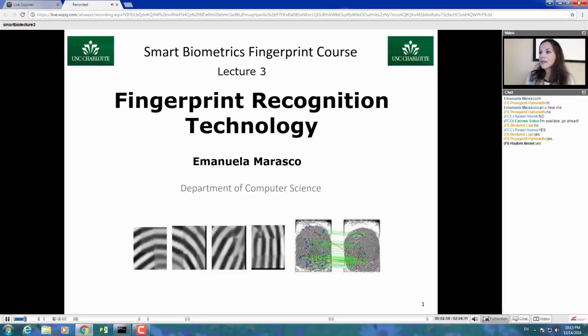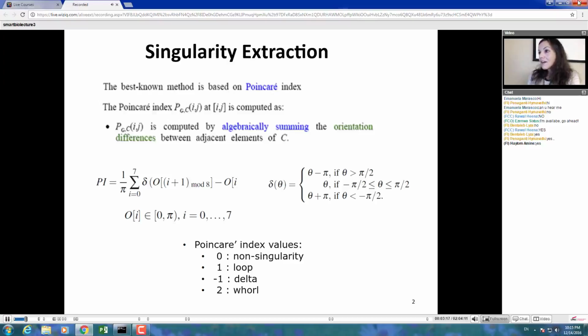So I expected some doubts from your side, and I'm glad that I could read some emails from some of you that wanted more explanation. So we can start by repeating how we extract singularity points in fingerprints, with an example for which you had some doubts. Then we go ahead with the matching.